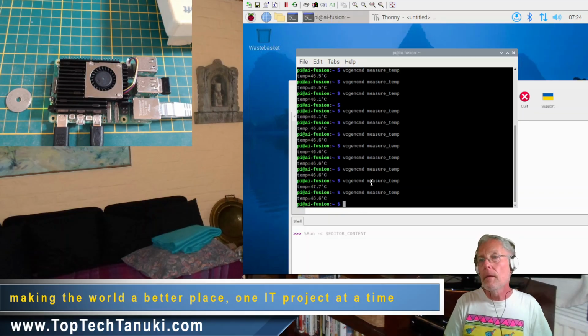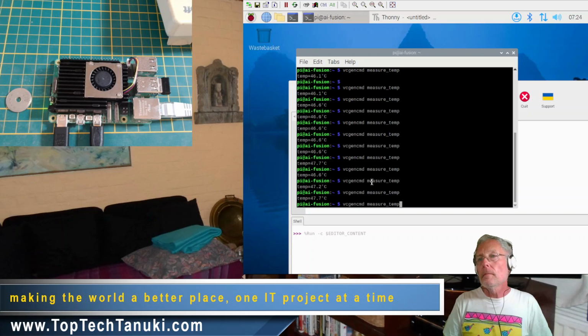47.7. A passive cooler must act quite efficiently, I think. 48, so it's increasing slowly. 48.3, still nothing.